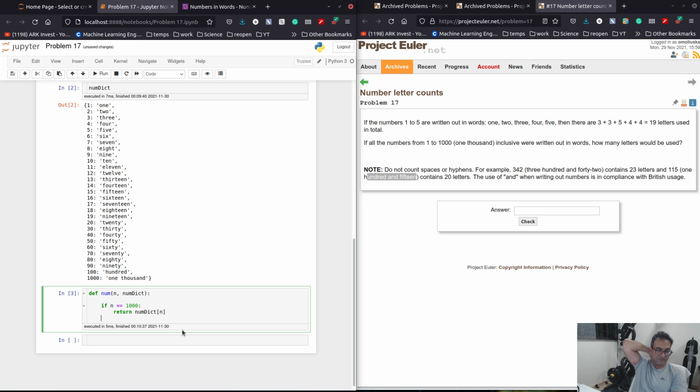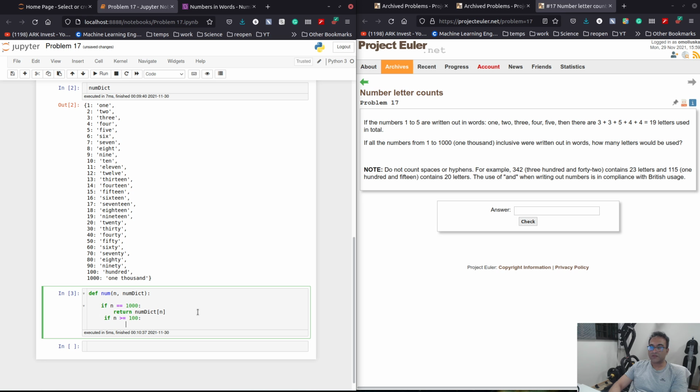Okay, if n equals 100, wait, do not count spaces or hyphens. If n is greater than or equal to 100, so hundreds is n percent 100.